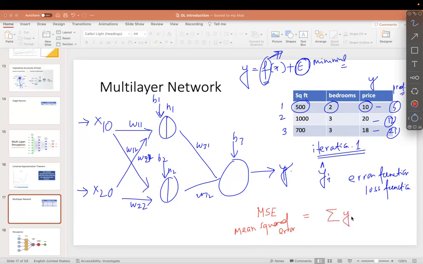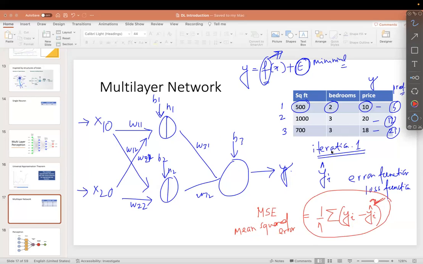We look at the actual value of y minus the predicted value of y, square it, and take an average. We square it because you could use an absolute value or a squared value; sometimes we predict lower and sometimes higher, so the errors will be positive and negative and might cancel each other out. We take the squared value, and it also gives a parabola function. This is mean squared error.